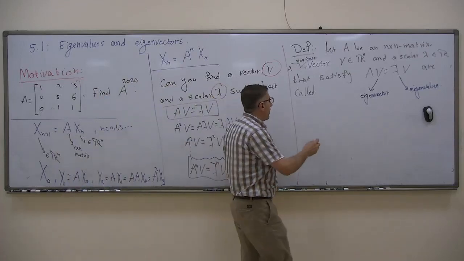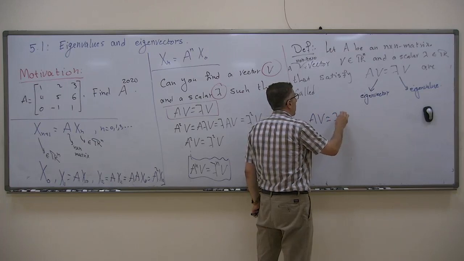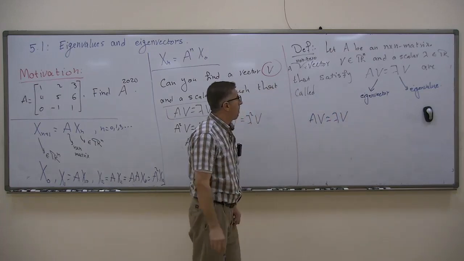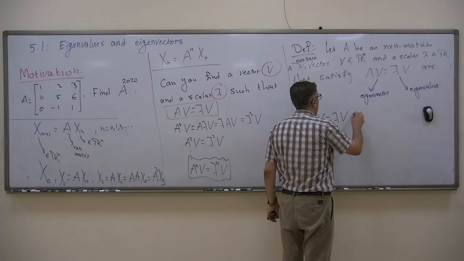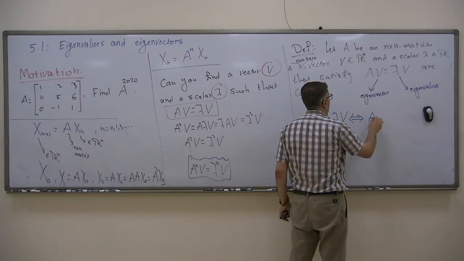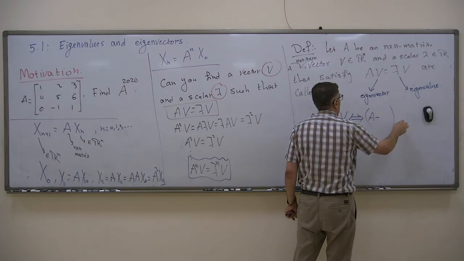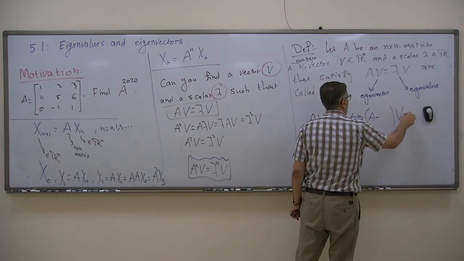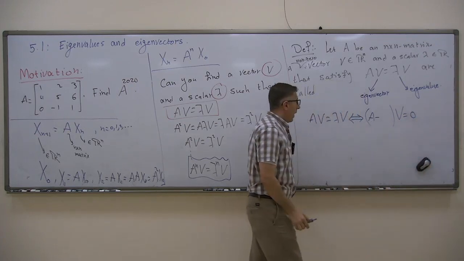When you have Av equals lambda v, we can move this to this side and say here (A minus lambda I) multiplied by v equals the zero vector. Now, what am I doing?